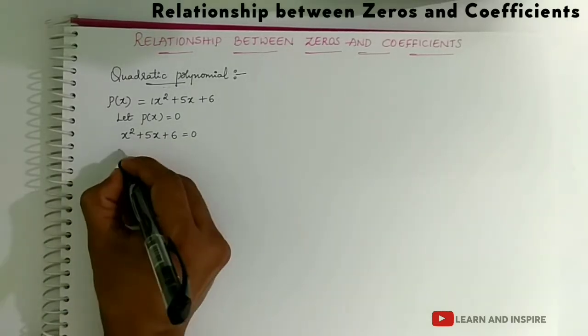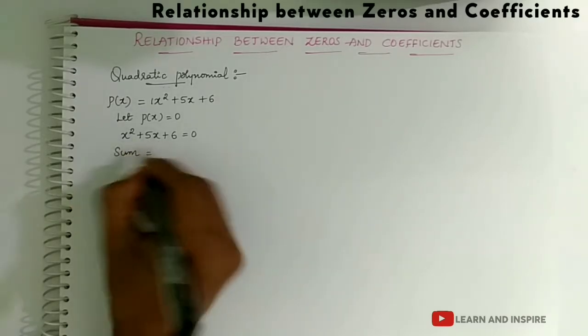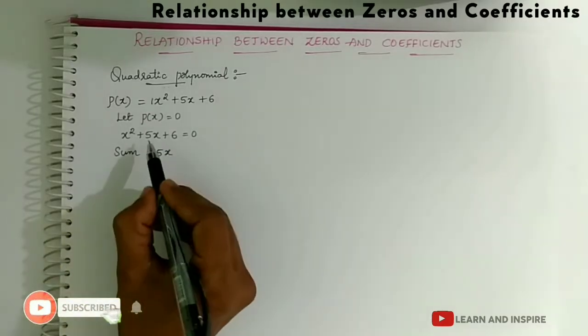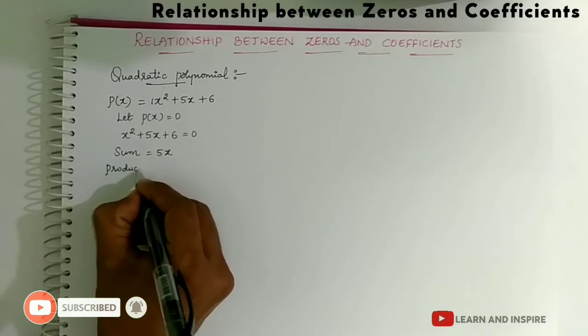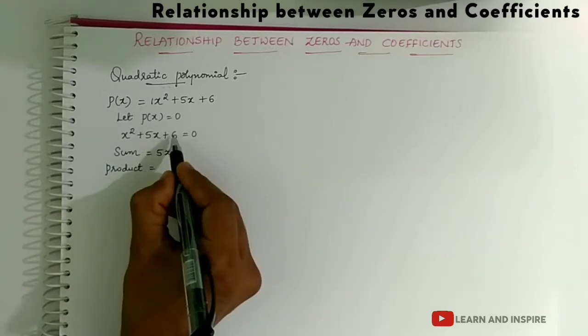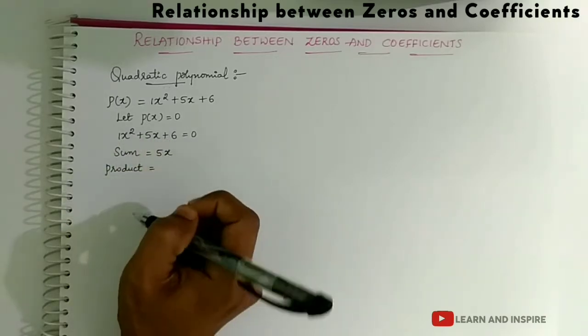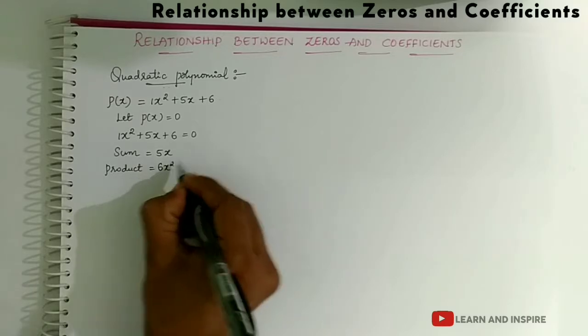The middle term of the quadratic polynomial represents the sum. Sum is equal to 5x. Now the product: product of the first term and third term, 6 into x square is 6x square.